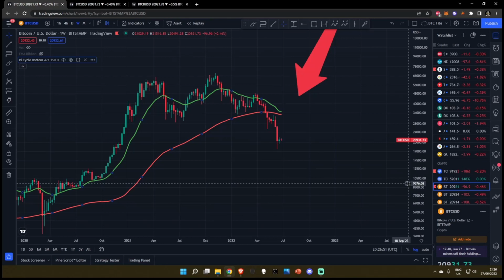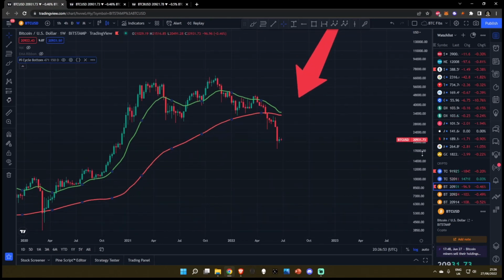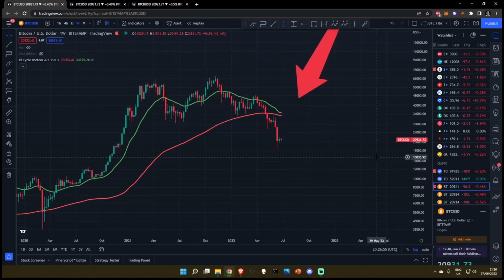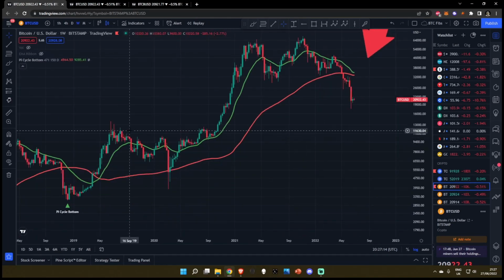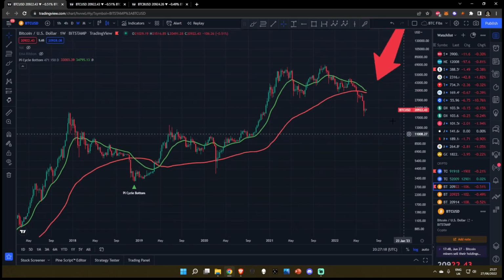If you do watch my channel, you know that I've been talking about how I've been expecting one final capitulation. My bottom targets are 18,500, which is not actually where I think the bottom is. That is just the next price target down for the CME gap. The next price target below from there would be 16,500 where the 300 week is, and then 14,000, or technically, if we're looking at the candle body closes, 11,600 for the Elliott wave theory to remain accurate.